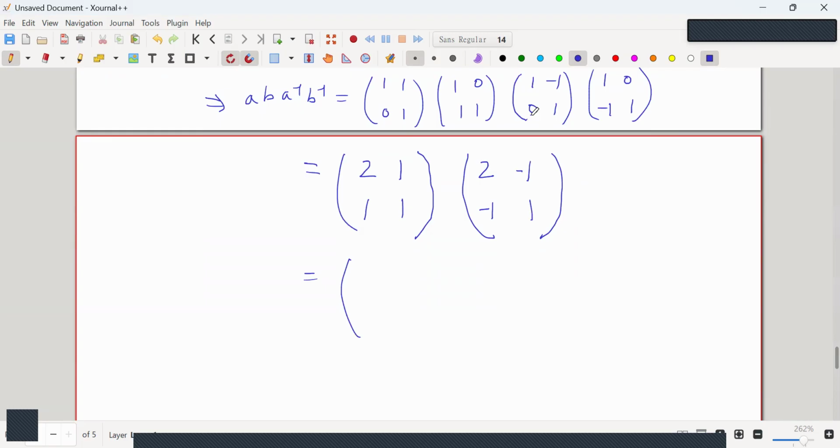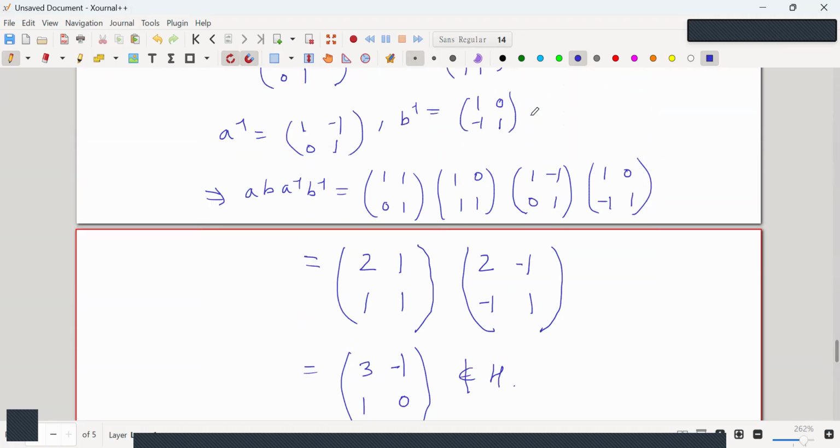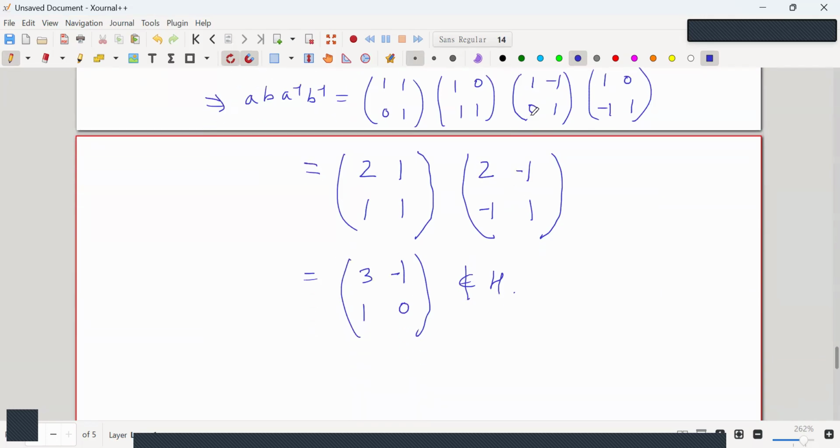This will be 4 minus 1, 3, minus 2, 1, minus 1, and then 2 minus 1, this is 1, and this is minus 1 plus 1, 0. So this clearly does not belong to H. Please check if I have made some mistake in the calculation. I hope that should be correct. So it's correct, okay, thank you.